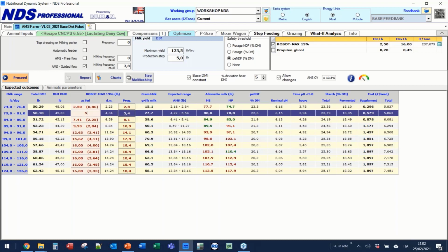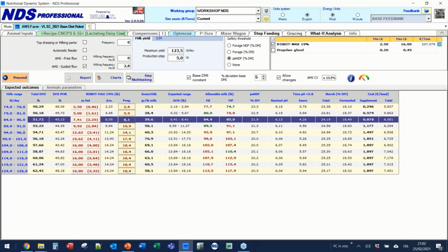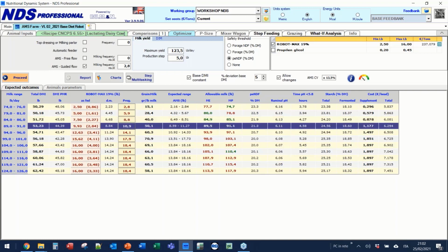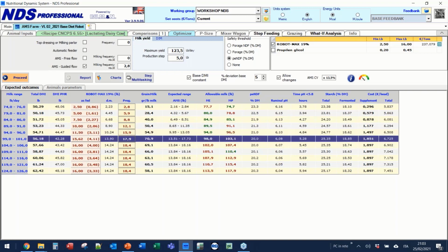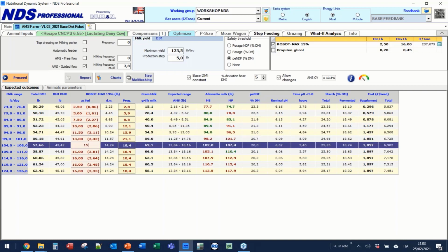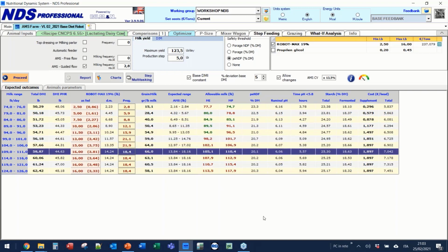So that would be 4.75 or 5, 7.5, 10, 11.5, maybe 13. And then I could watch where I am on your allowable ME and MP milk over here, to see where I'm under formulating or over formulating. We could actually print up a report that just had the milk.